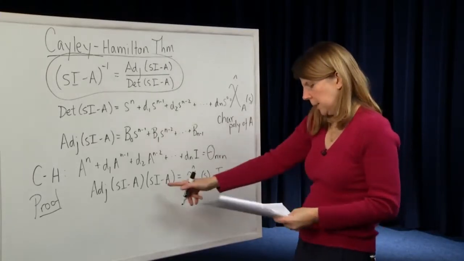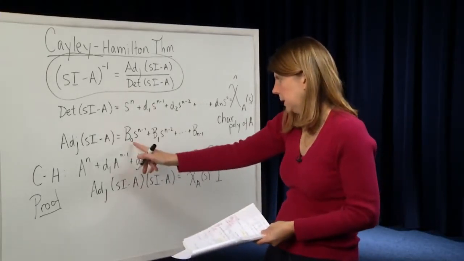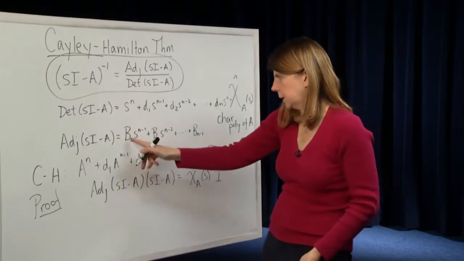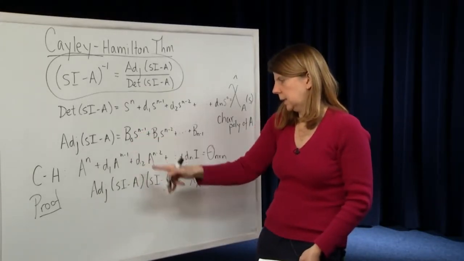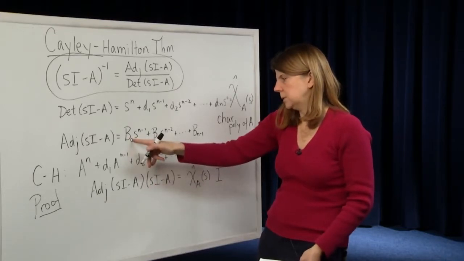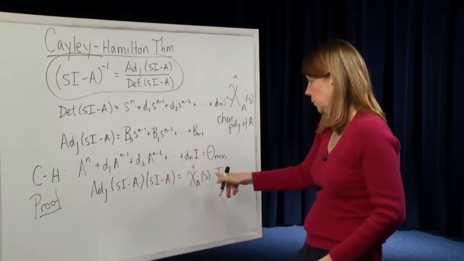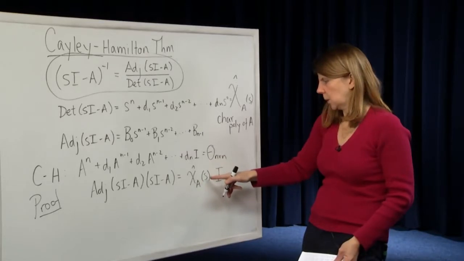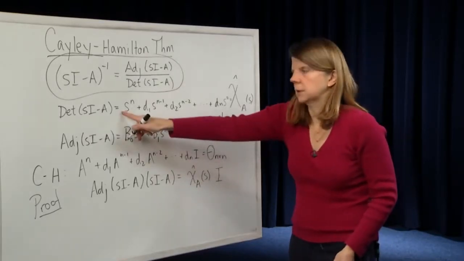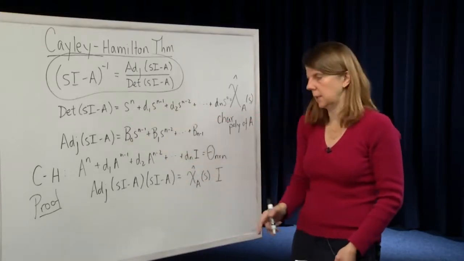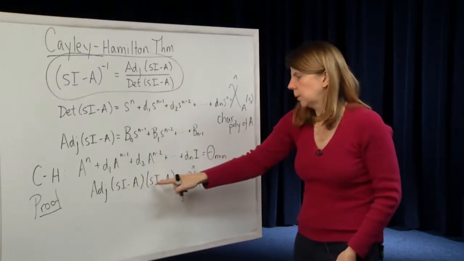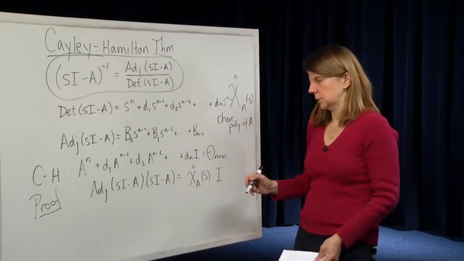Okay, so for example, if we just look at the term in s to the n, it's going to be s to the n minus 1 times s. So B0 will be equal to the s to the n term over here, which is just the identity, because we've multiplied that characteristic polynomial by the identity. So basically, we're multiplying that out and equating like terms.